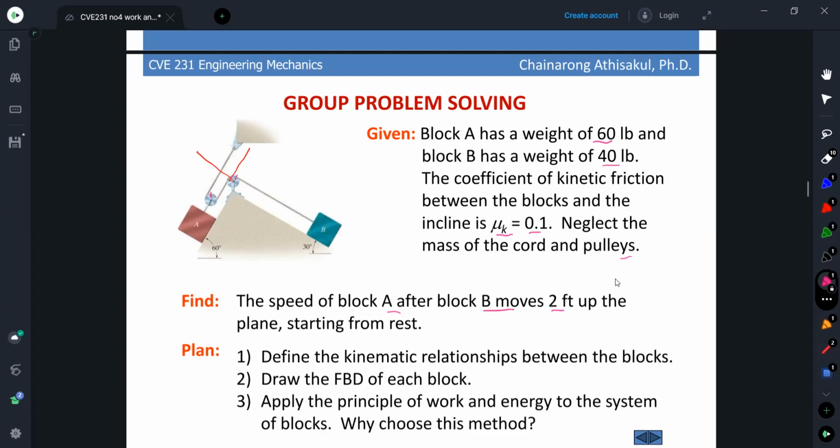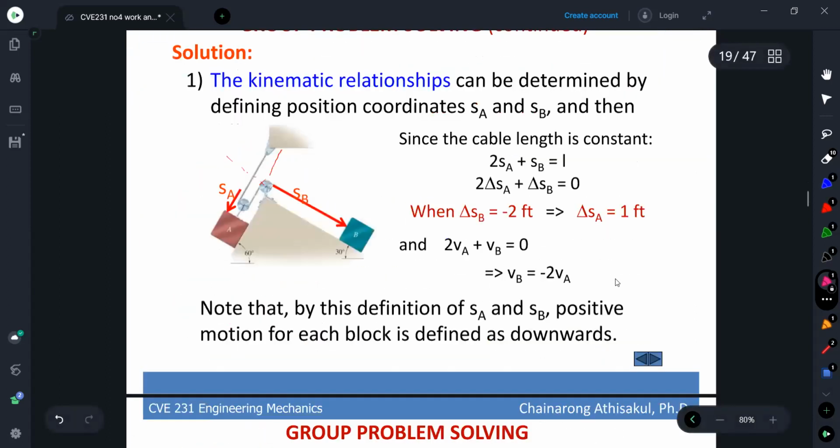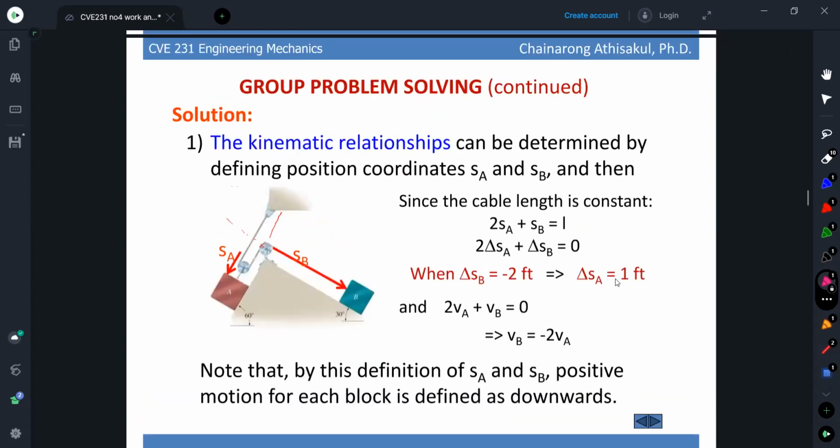So first we have to set up the kinematics relationship. From this picture, we set up point B, the fixed point, as the reference, and then we measure from the topic of absolute motion analysis of two particles.